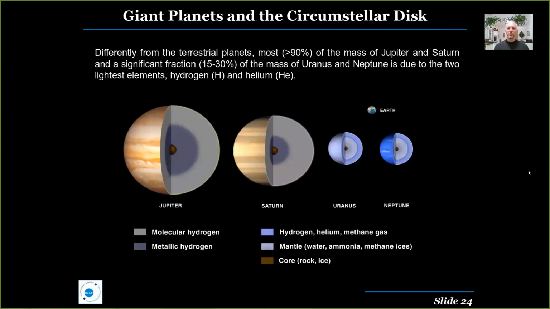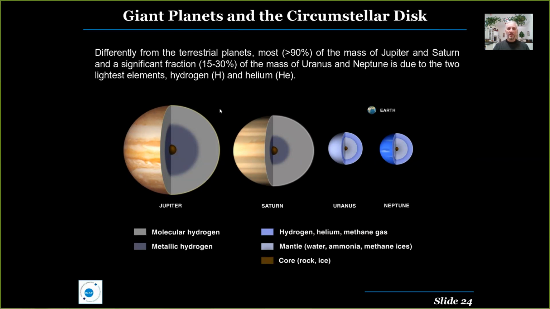Now, I mentioned that in the simulation, Jupiter was already present before the terrestrial planets. Why this? Because if we look at the giant planets in the solar system, the bulk of the mass of Jupiter and Saturn, as well as a large fraction of the mass of Uranus and Neptune, are composed of hydrogen and helium. Hydrogen and helium, if you remember, are not elements that condense and are available in large amounts in meteorites, and they also don't condense in large amounts as pure hydrogen and helium among the volatiles.